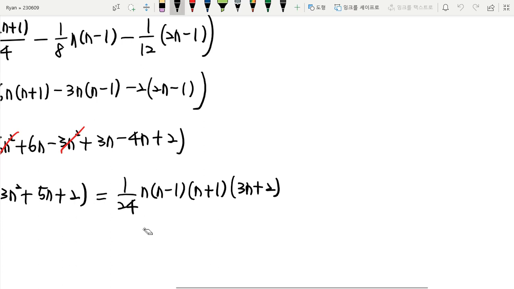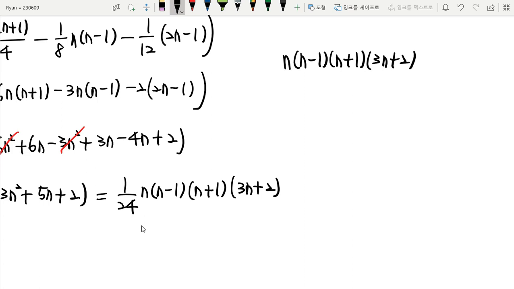So that means the product of these four numbers will be a multiple of 72, because 24 times 3 is 72, and a multiple of 72 means it should be a multiple of 8 and a multiple of 9. 8 times 9 is 72.